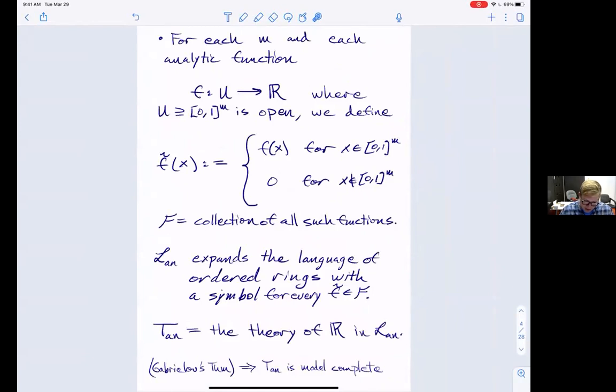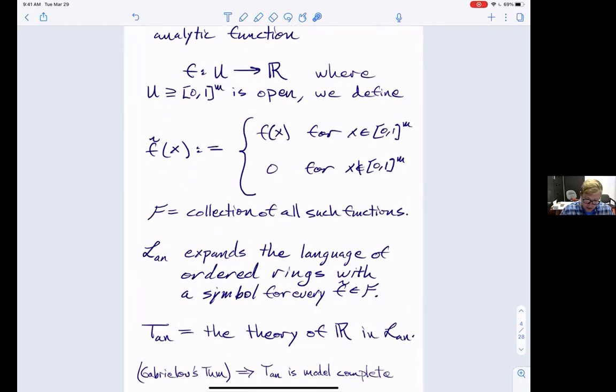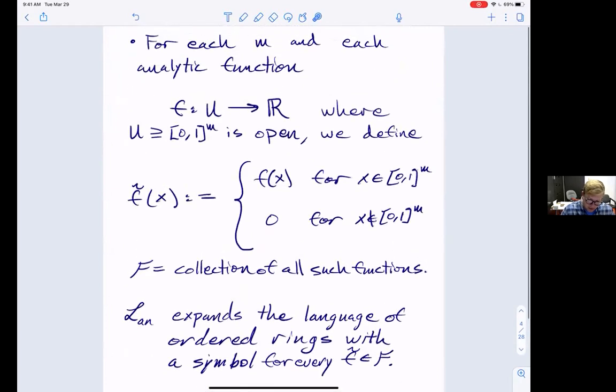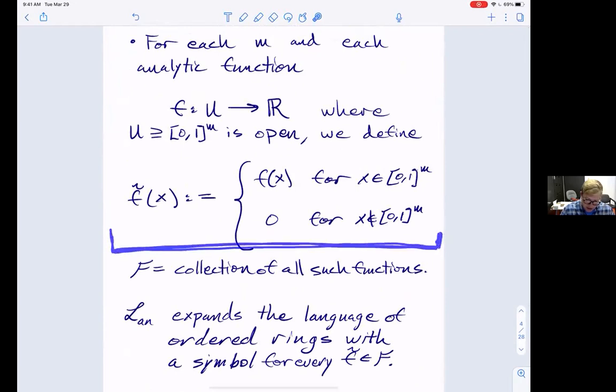And so the way in which this is all formalized from a model theoretic perspective is that one adds a big list of function symbols to the language of the real numbers with plus and times and order, which is symbols for every real analytic function, but just restricted to an n-dimensional box.